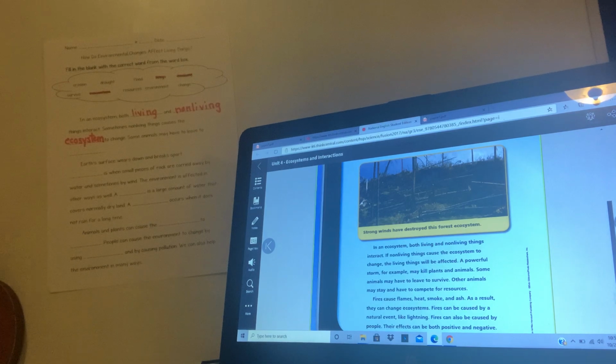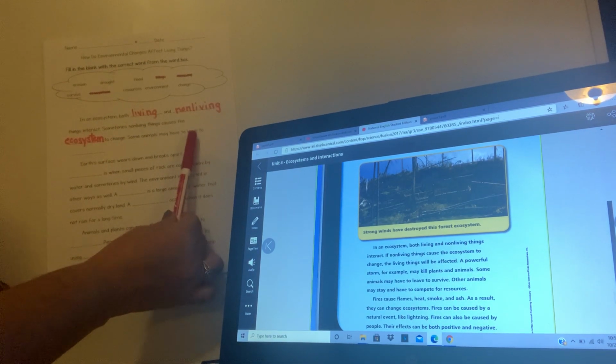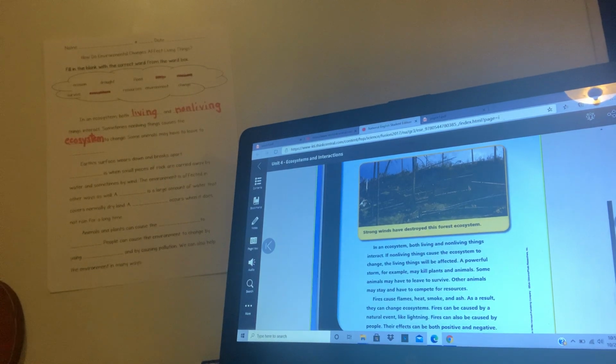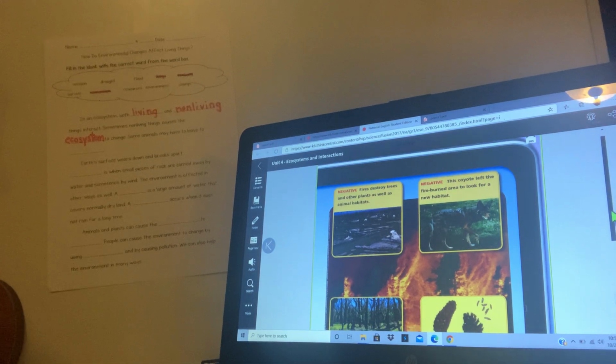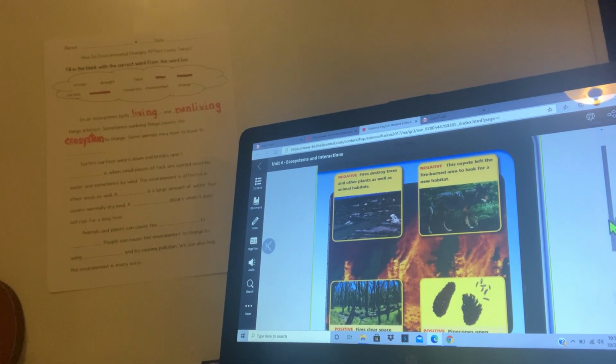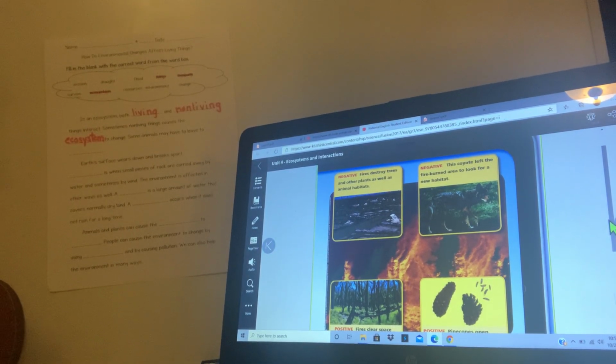And then it says some animals may have to leave to blank. Well, let's go on to the next page and see if they give us any information to help us fill in that blank. I see the page that we discussed how the fires destroyed the trees and other plants, as well as the animals' habitats.